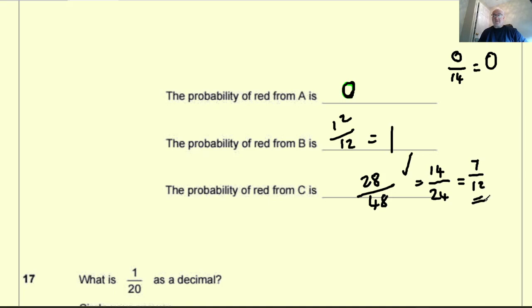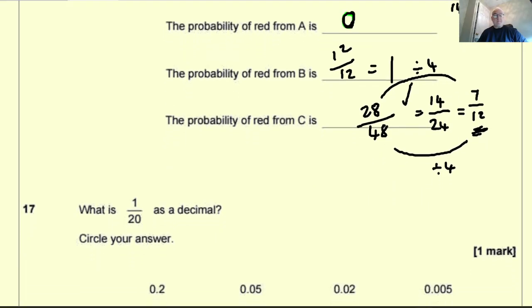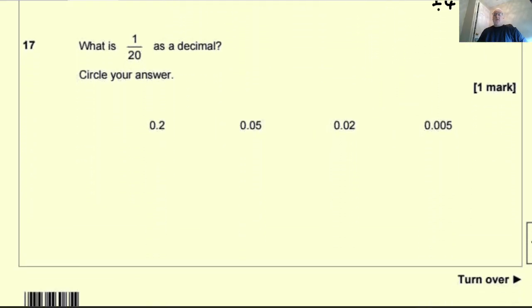So I could put 7 over 12. If I wanted to do that in one step, divide by 4, gets me to 7 over 12. It didn't ask me to write that as a simplified version, so 28 out of 48 is where I would leave it if I was doing that question. Question 17.